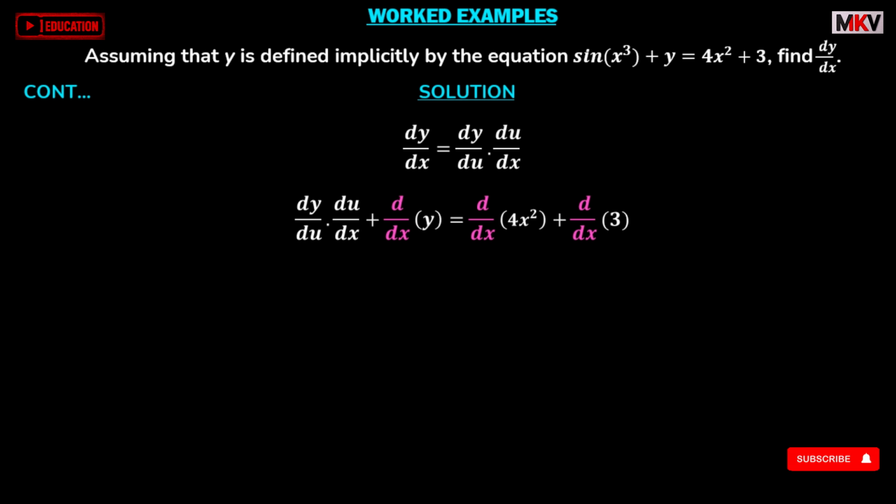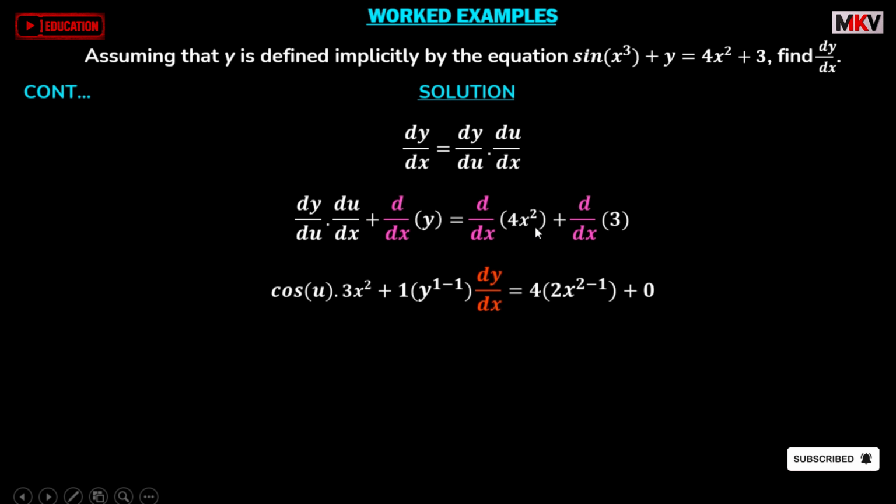We know dy/du is cos u, and du/dx is 3x squared, as we did earlier. Then we differentiate y, and add dy/dx to it.